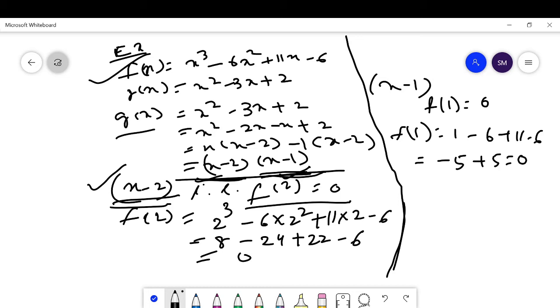Then we get that f of 1 is also equal to 0. This also shows that x minus 1 is a factor of f(x).